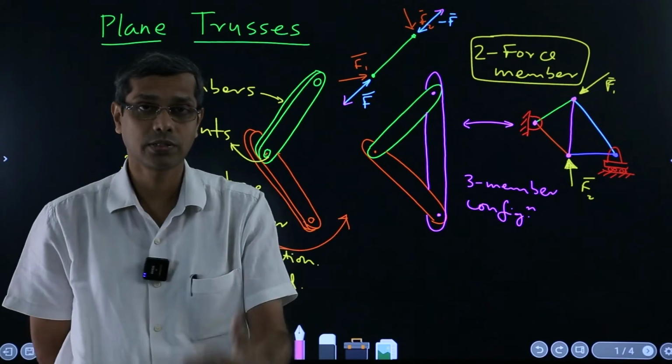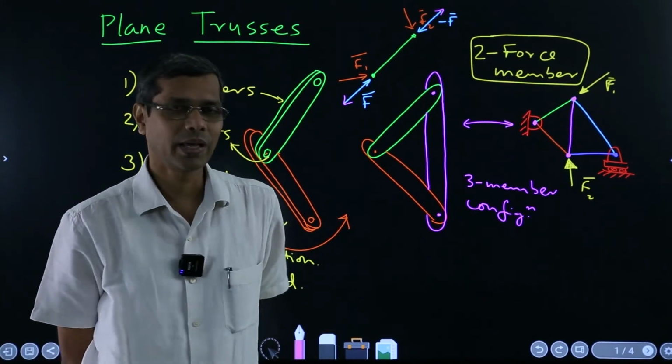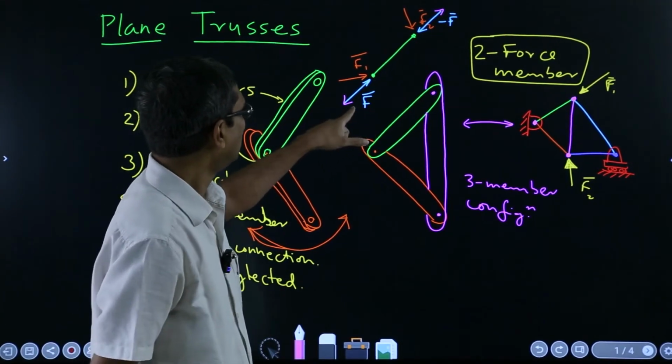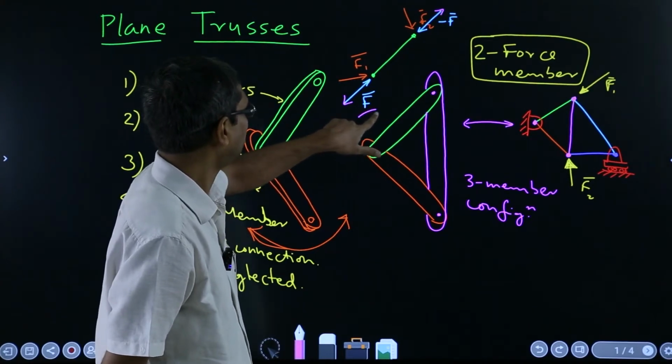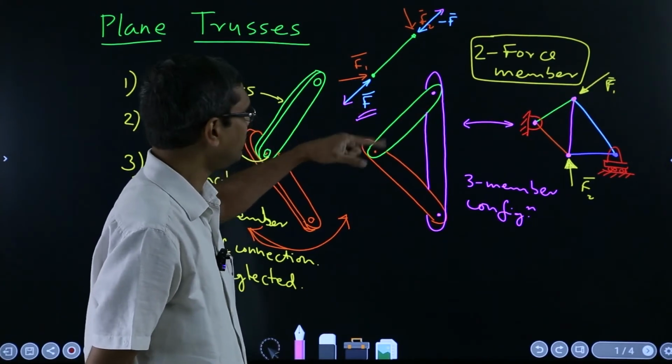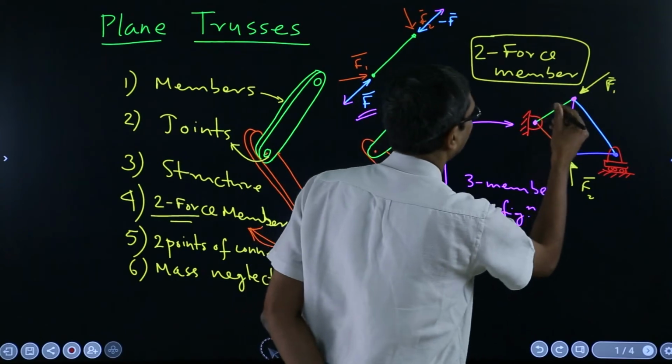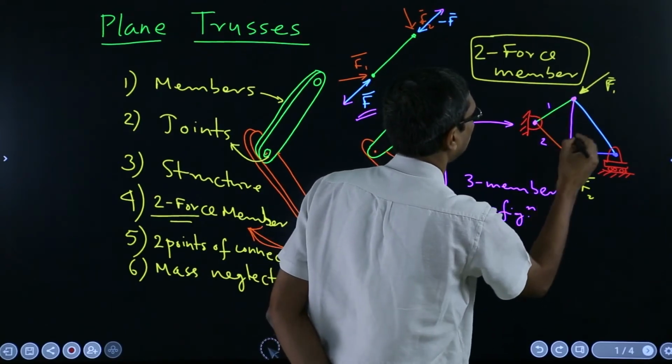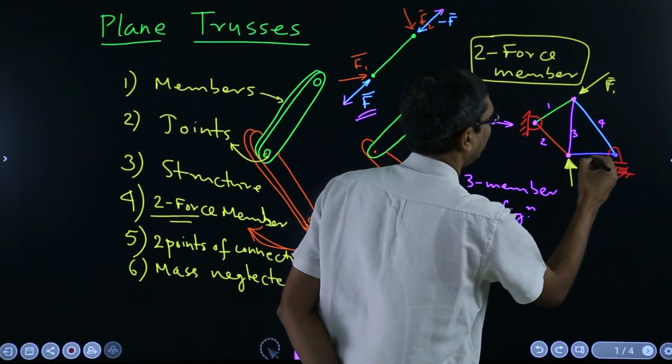Or I was about to say, what do I mean by analyze, right? Analysis means to find out these forces. Okay, every member, suppose here I have, say, member 1, 2, 3, 4 and 5.